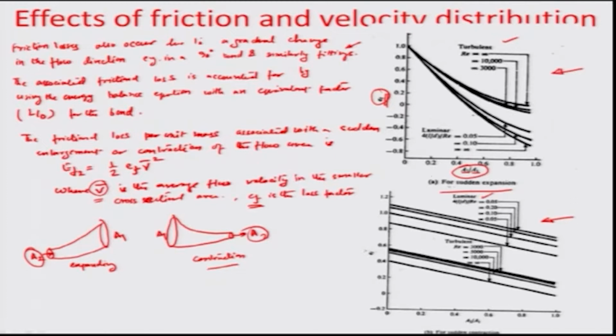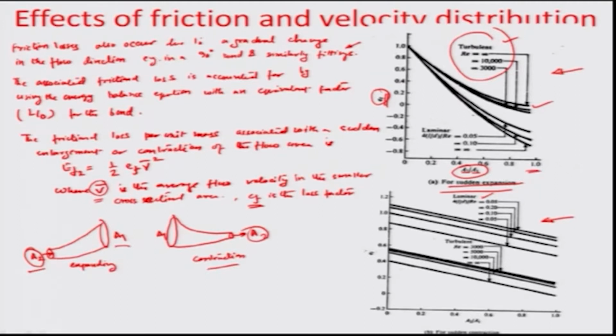So, for the sudden expansion case, as you can see, there is a regime corresponding to the turbulent Reynolds number varying between 3000 and above, and the EF is plotted here as a function of the area ratio A2 by A1. Obviously, for sudden expansion, A2 is going to be the entrance area and A1 is the discharge area, and therefore this A2 by A1 can be maximum 1, and otherwise it is going to be less than 1.